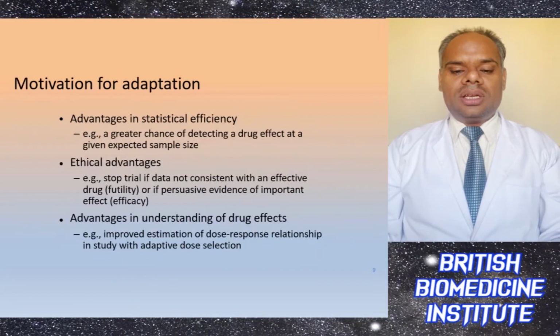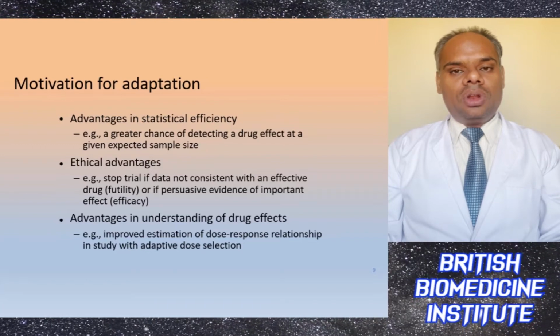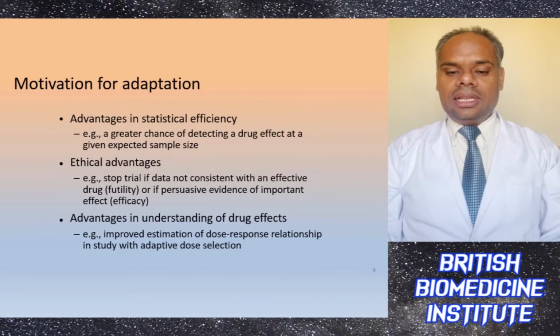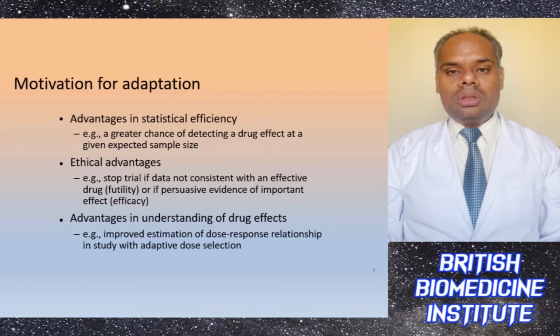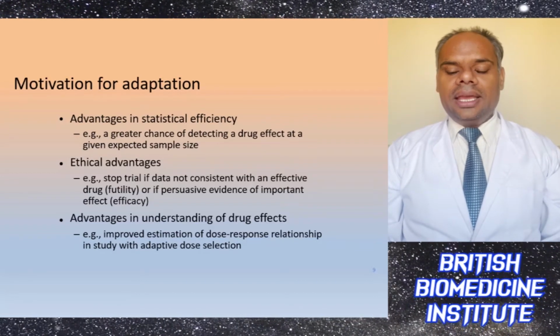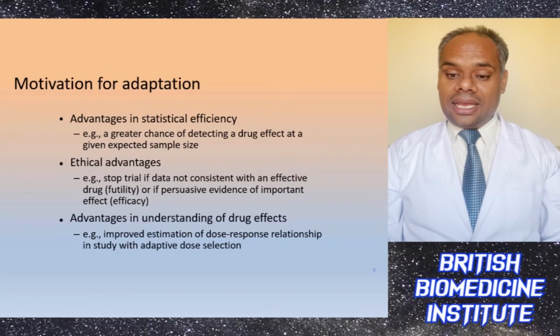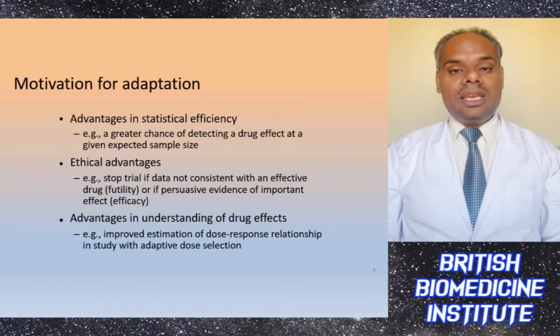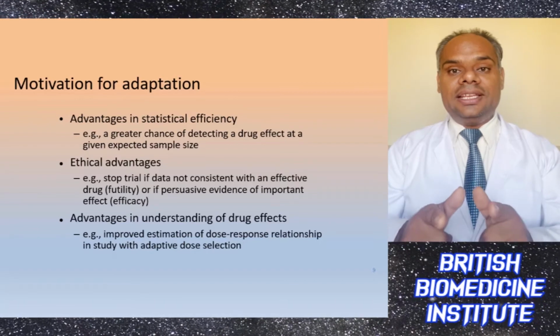So now comes the advantage and motivation for adaptations. They can show an advantage in statistical efficiency, like a greater chance of detecting a drug effect at a given expected sample size.